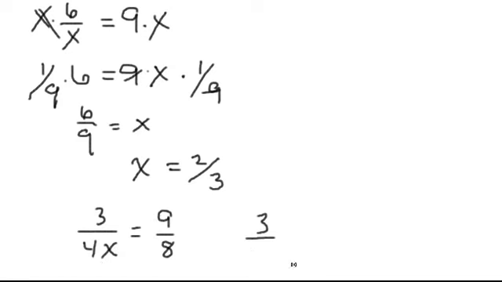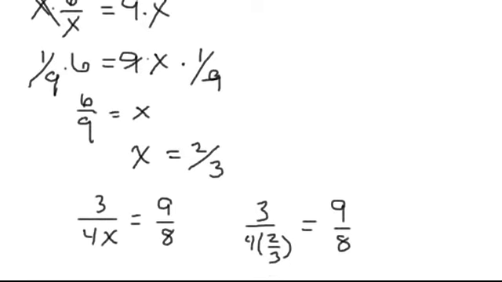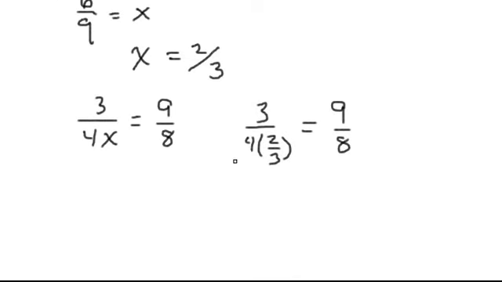So we'd have 3 over 4 times 2/3, and that's got to equal 9 over 8. Well, let's see if it does. So 4 times 2 is 8 over 3. Oh, and that's all over. Forgot to write this 3 up here.